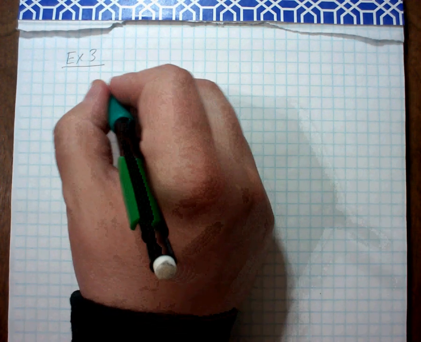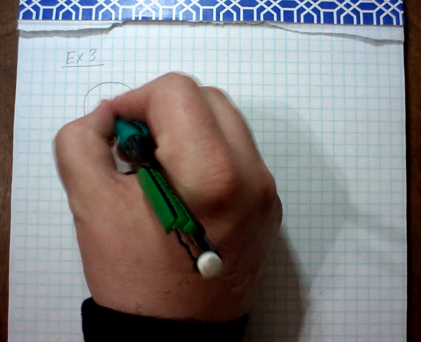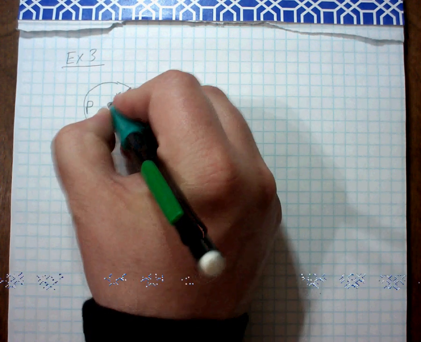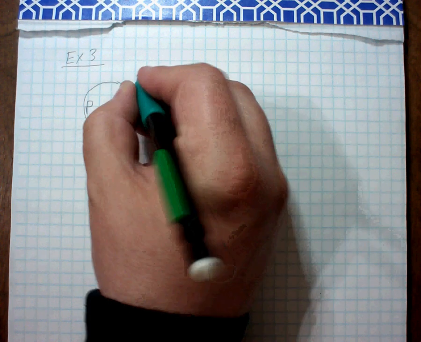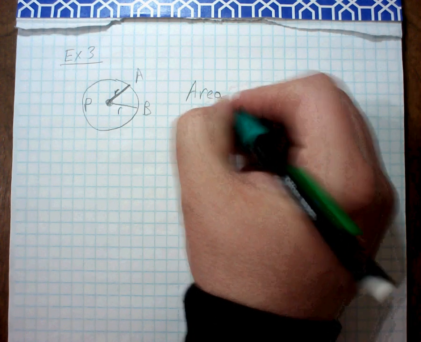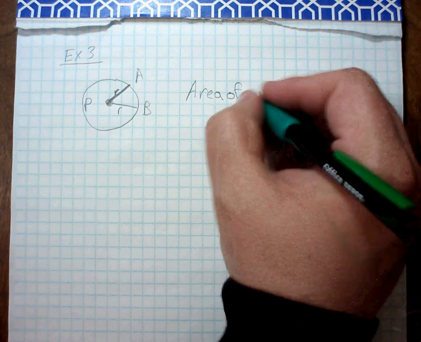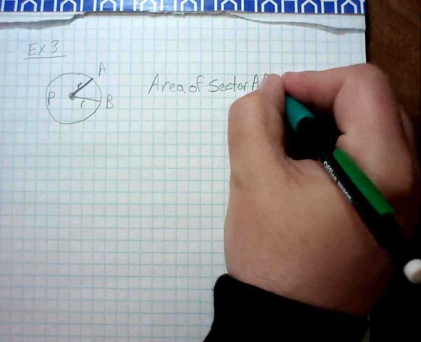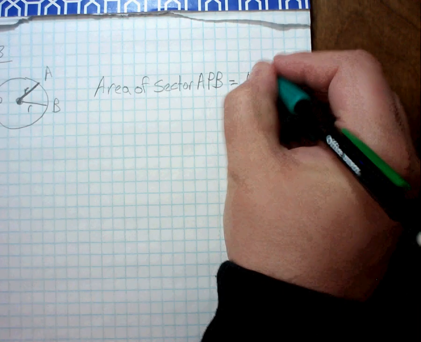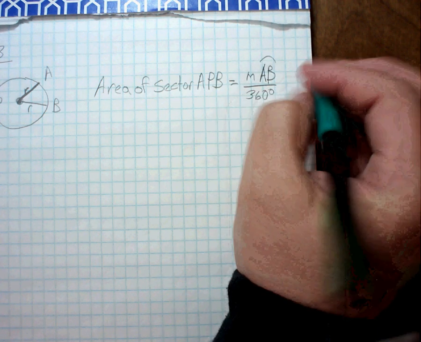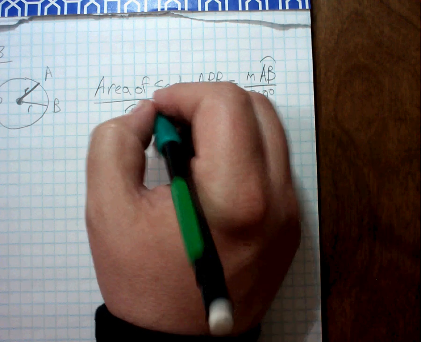If I have a perfectly drawn circle, and the center of the circle is P, and I have two perfectly drawn radii that intersect the circle at points A and B, then the area of sector APB is equal to the measure of arc AB over 360 degrees times pi r squared.